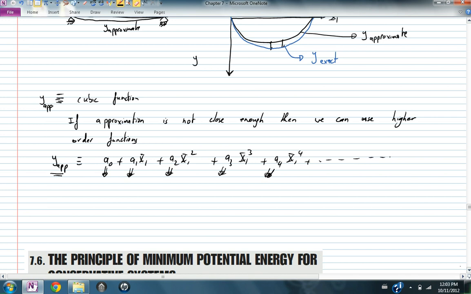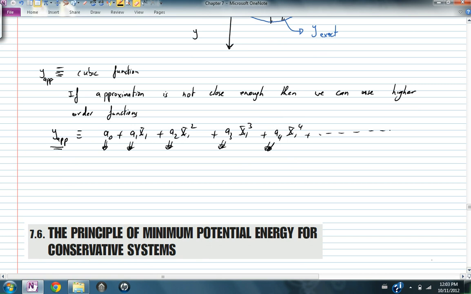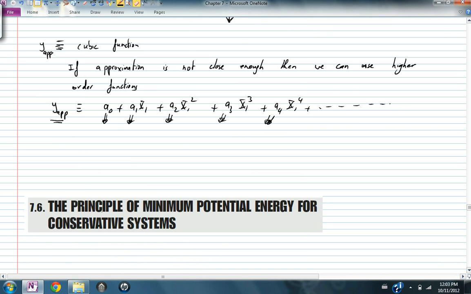But the methods in the next section are equivalent to the principle of virtual work for linear elastic structures, and so they actually produce the same equations, but we're not going to have to prove any of that. You just have to know the difference between how to utilize the principle of virtual work to find approximate solutions, and how to utilize the principle of minimum potential energy for conservative systems to also find approximate solutions.